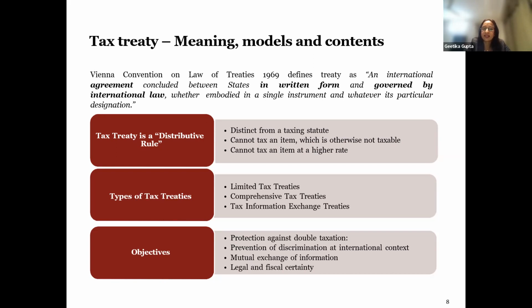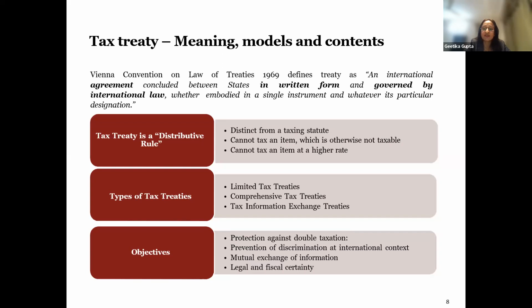There is another concept of tax information exchange agreements. So TIEA is an agreement between two jurisdictions to share information with each other on a bilateral basis. A TIEA is not a double tax treaty between two states, but just an agreement between two jurisdictions for the purpose of exchange of information.